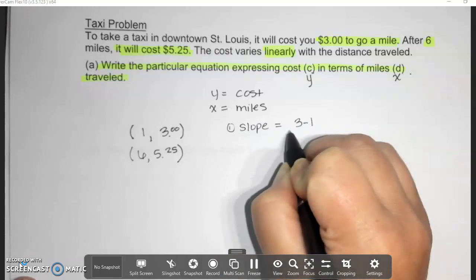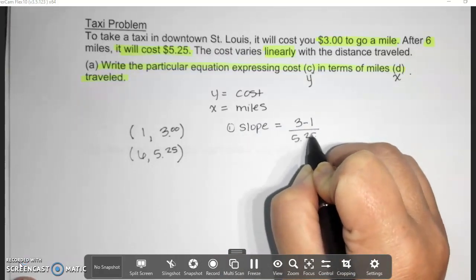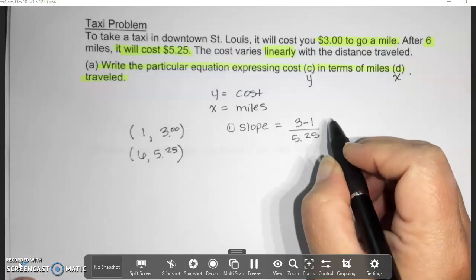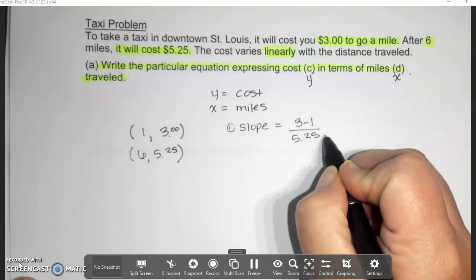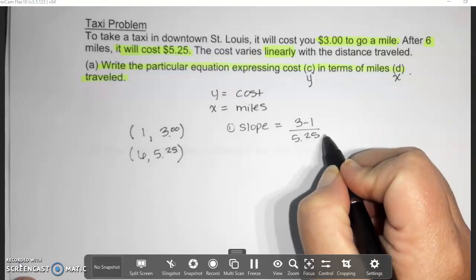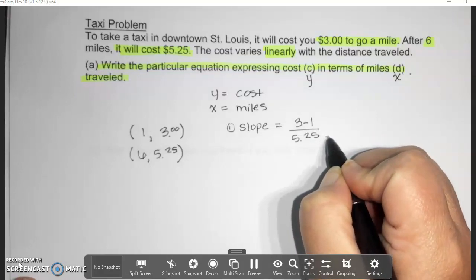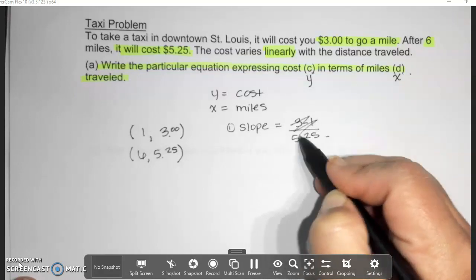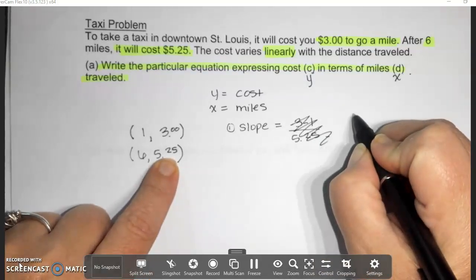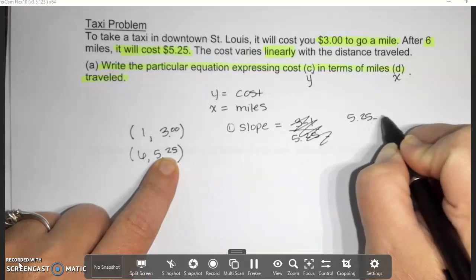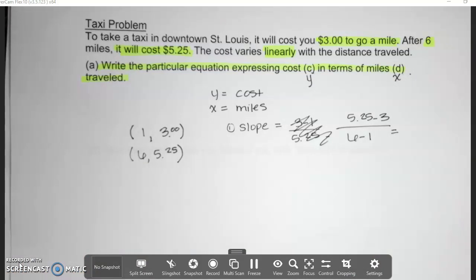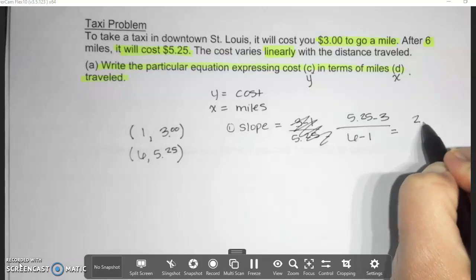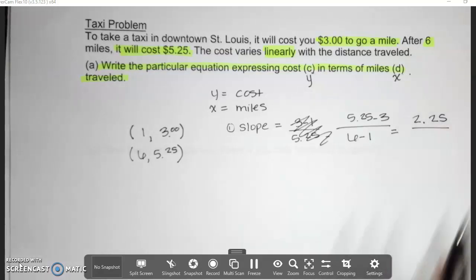So 3 minus 1 over 5.25 minus, hold on, I did that wrong, sorry. 5.25 minus 3 over 6 minus 1. .25 over 5.